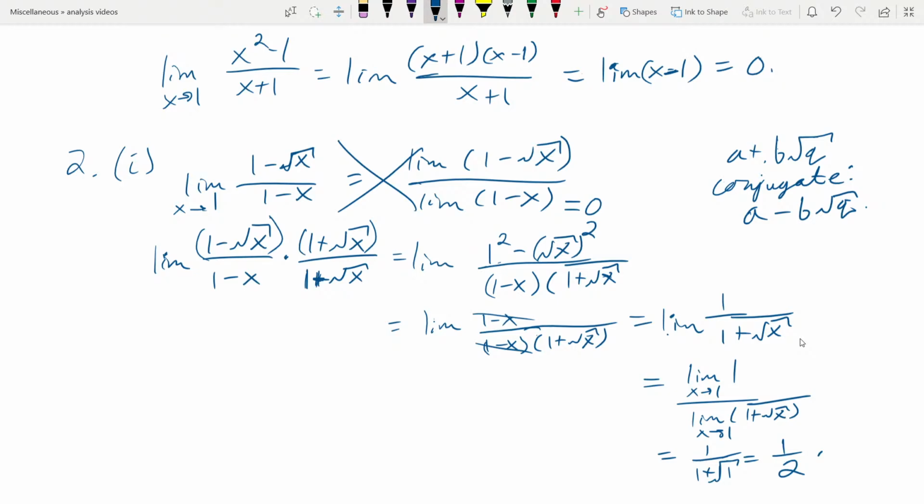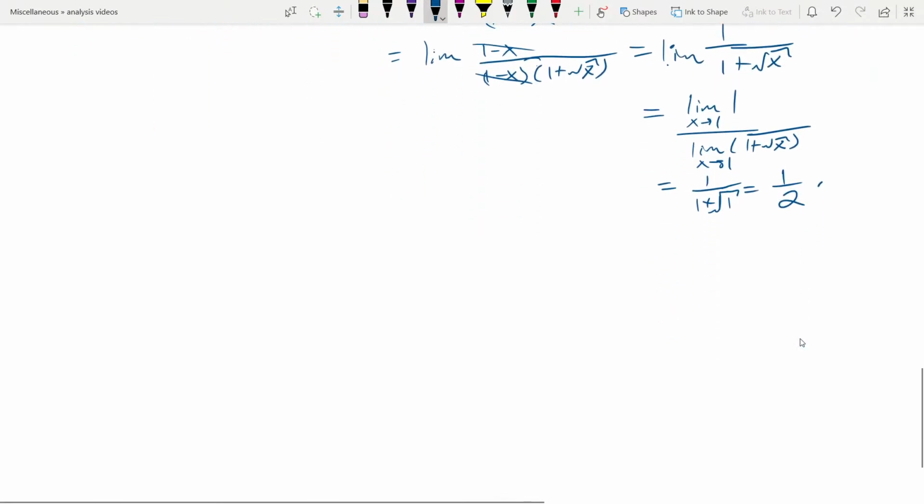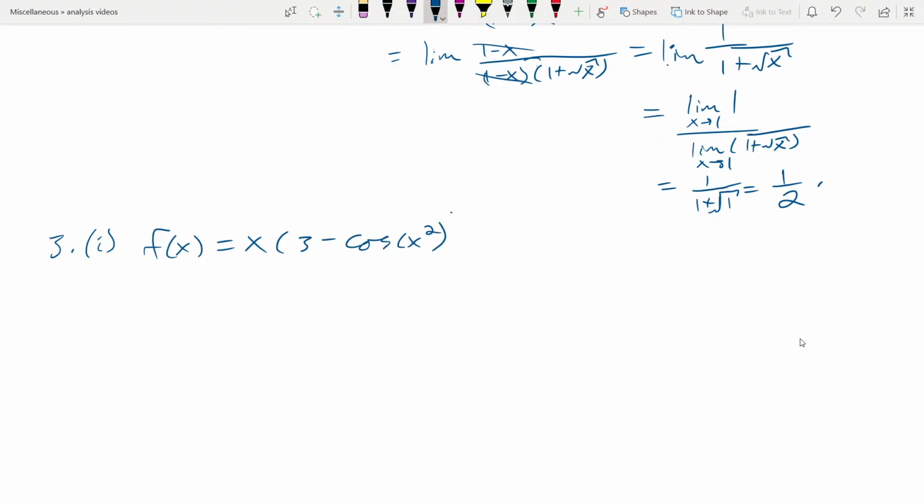All right, let's do one with the epsilon-delta definition. This one looks kind of complicated, but it's not too bad.